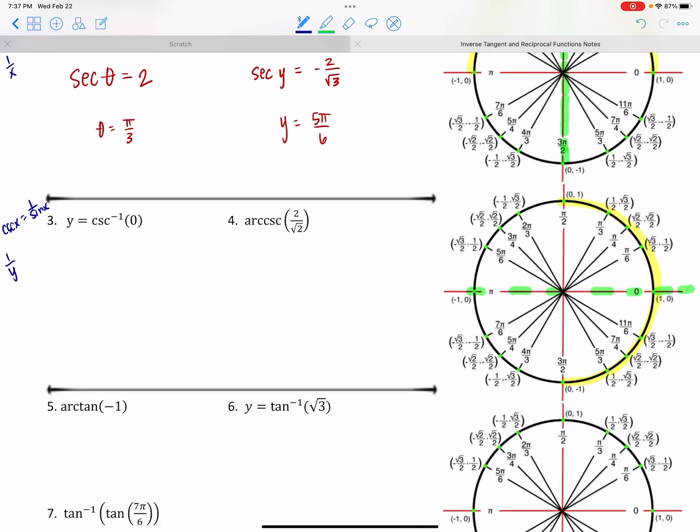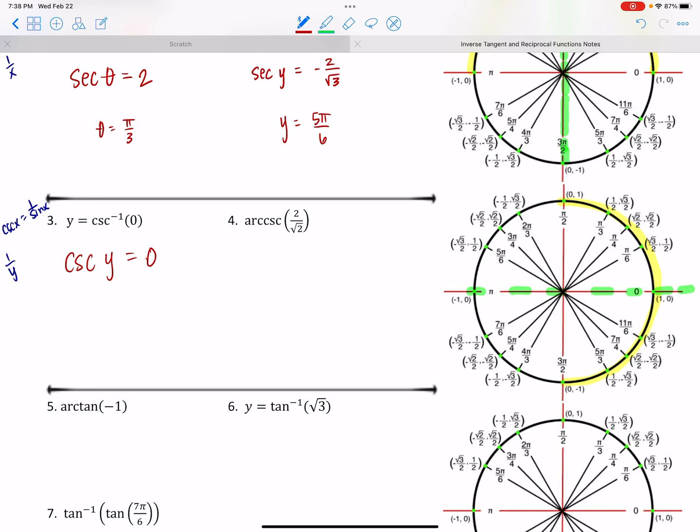So if I want to find y, which is equal to the inverse cosecant of 0, again, I'm looking for the cosecant of some angle, which they're calling y here, to be equal to 0. So I'm looking for the reciprocal of my y value to be 0. So where do I have a reciprocal y value of 0?